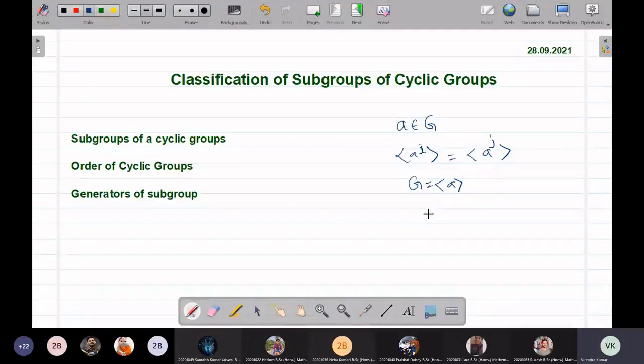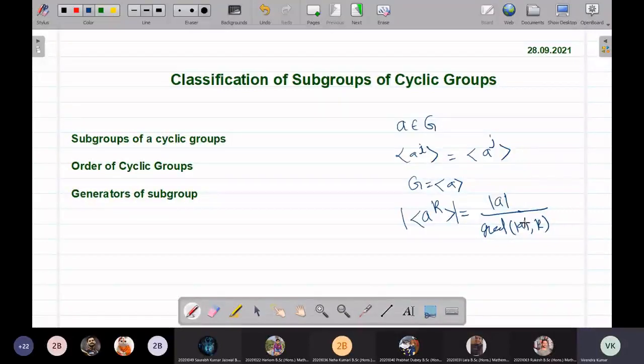So a to the power k also generates the same group, or we can say a to the power k is also a generator, if the order of this is equal to the order of a divided by the greatest common divisor of the order of a and k. I think this was the formula.